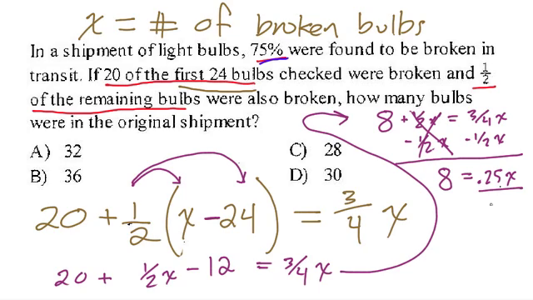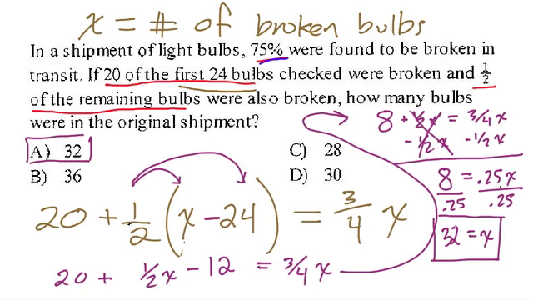I can divide both sides by 0.25, which is just a fourth. If I divide 8 by a fourth, that tells me how many 1/4s are in 8. There are 4 fourths in each whole, so 8 wholes gives me 32. Really, I'm just multiplying 8 by 4, and that equals x. So there are 32 bulbs in the shipment.